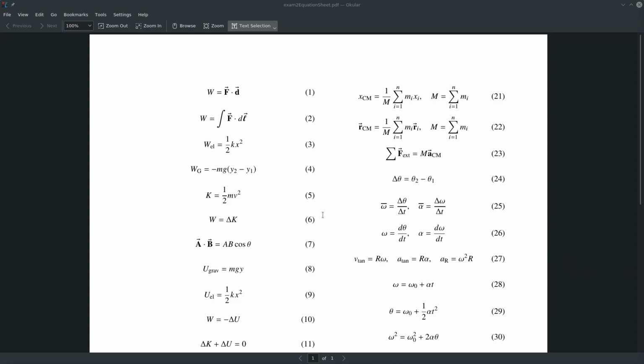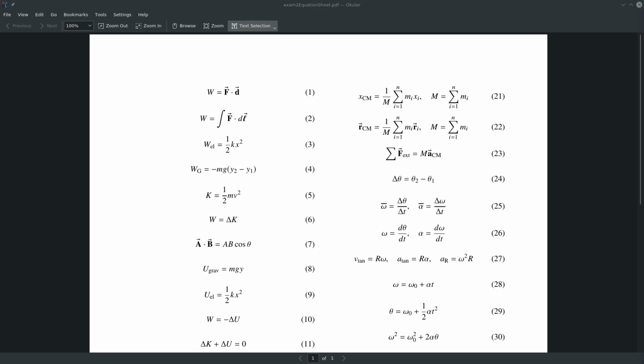I can just type out what equation number I used. For this particular one, we've already said that we're going to take the difference in our angular velocities, the change in our angular velocity divided by the time interval, and that gives us our average angular acceleration. And we can see that is in equation 25.